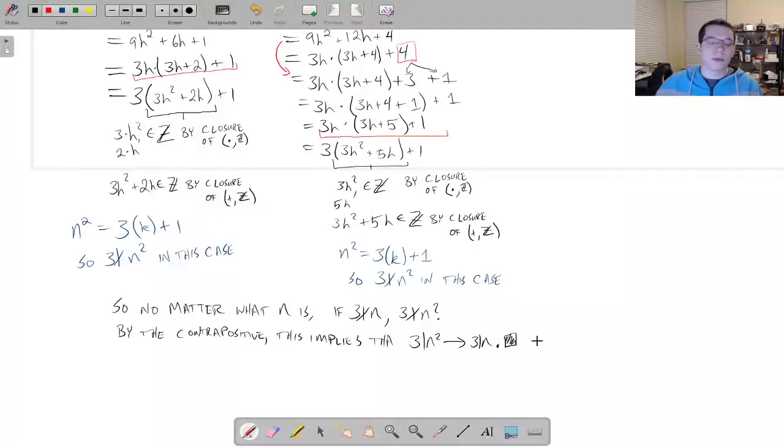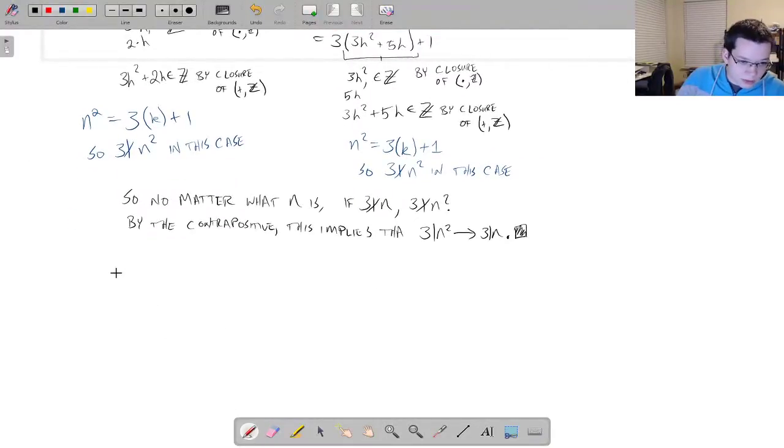Sounds kind of rhetorical, but that basically means that a square number that's divisible by 3 is also divisible by 9. Because if 3 divides n, then 3 will divide n squared, because 3 squared is 9.